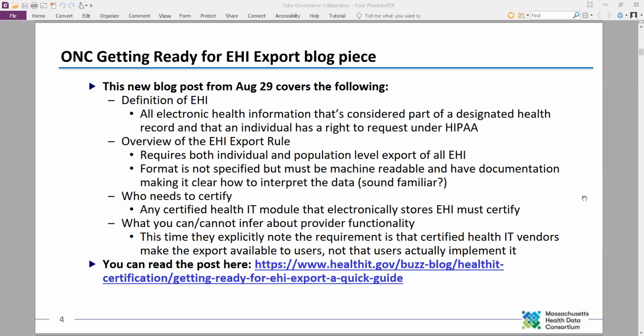So for instance, even just on an individual patient level, if I have data sitting at 4 different provider organizations and I request my EHI export from all of them, they're going to probably come in 4 or 5 different formats. And then I, as an individual, have to figure out how to interpret that.